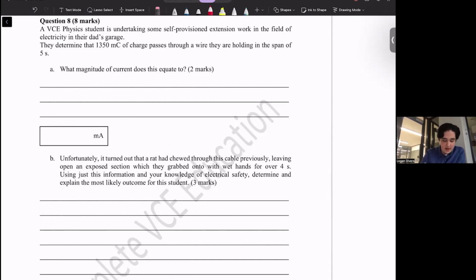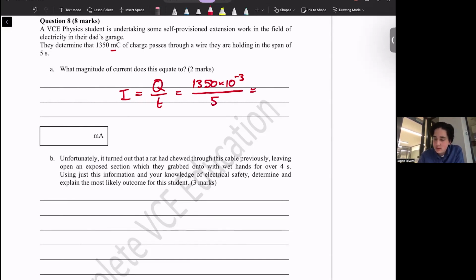So let's whip out our current equation. We'll go I equals Q on T. I'll put in our values that we already have. 1,350, and that's a milli, so we're going to do a 10 to the -3. Then put that all over 5, it's 5 seconds.